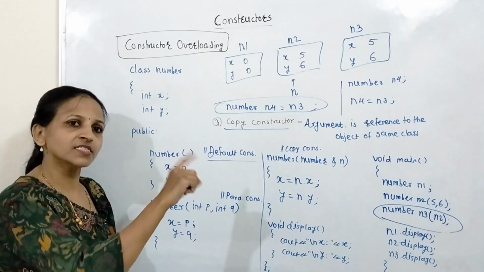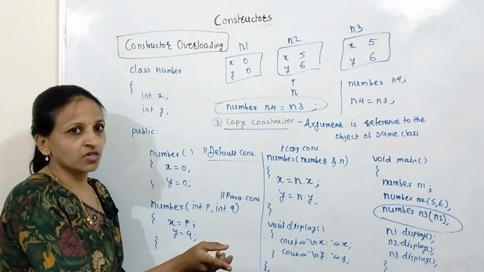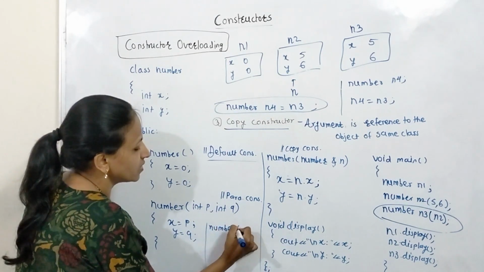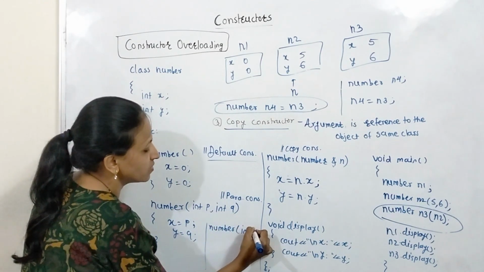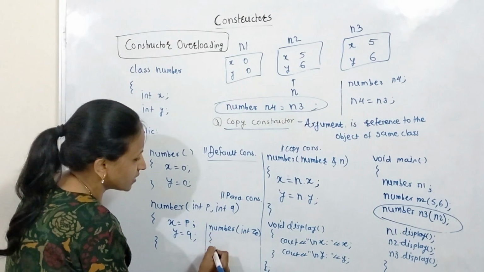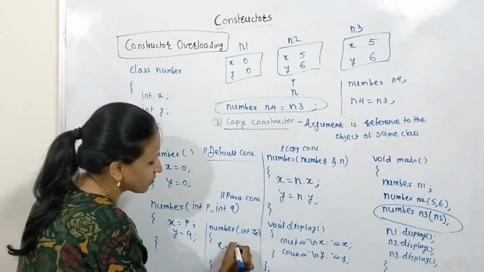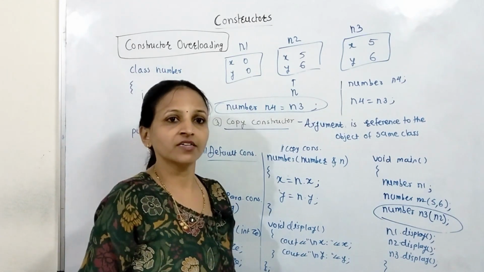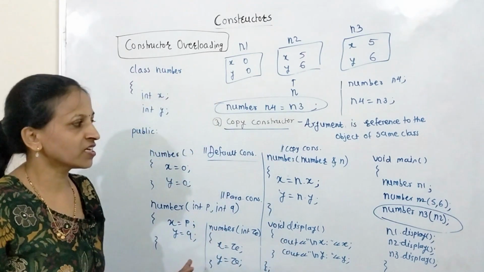I want to assign the same value to x and y both. Then I can write a constructor like this. See, Number, here I am passing only one value, let z, and that z value I am assigning to x and y. One argument constructor, okay, fine.